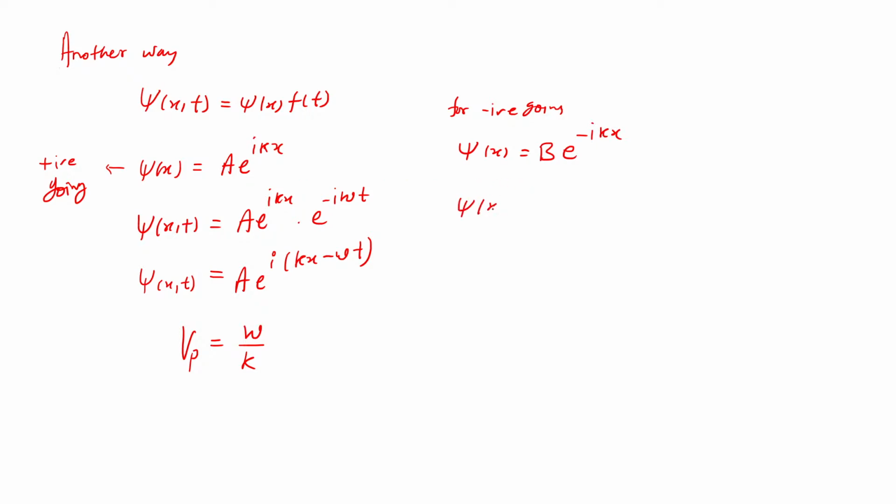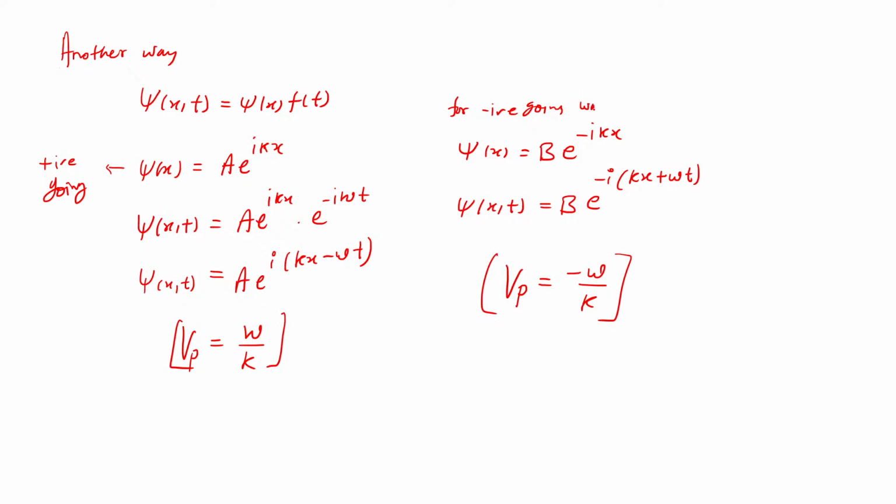So psi xt will turn out to be similar to this, b exponential of minus iota kx plus omega t here, and what will be the phase velocity here? That will be minus omega upon k for negative going wave. A very interesting thing.